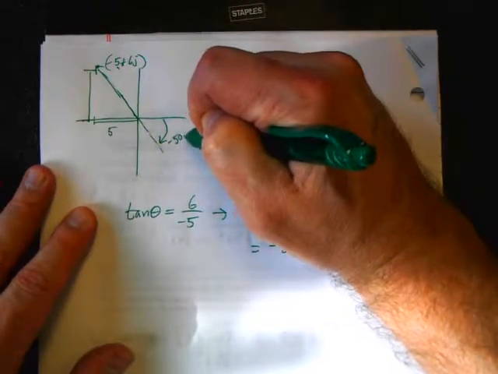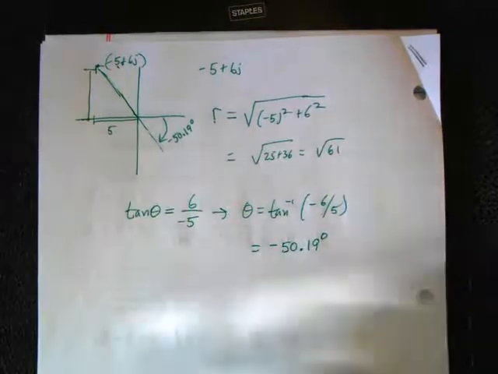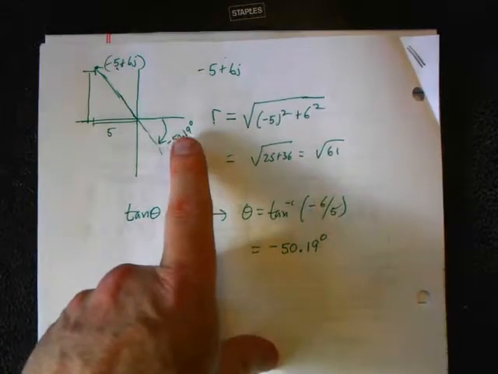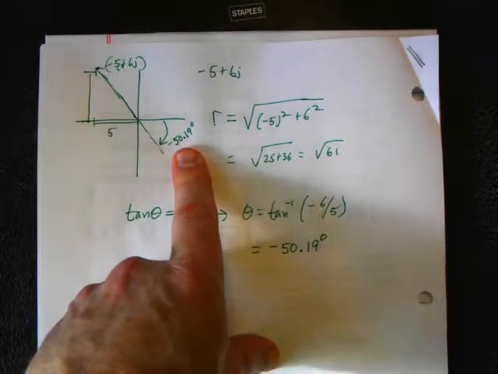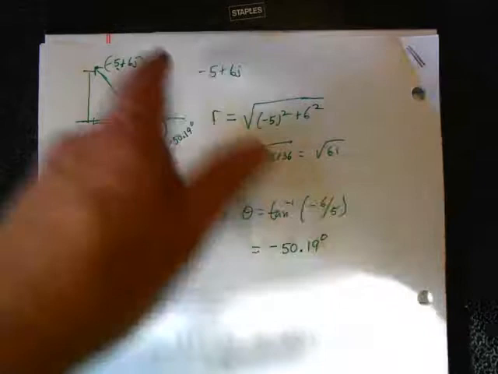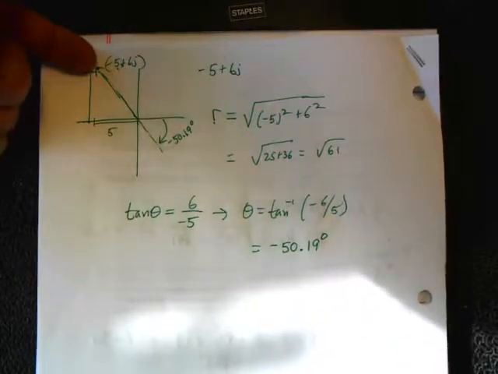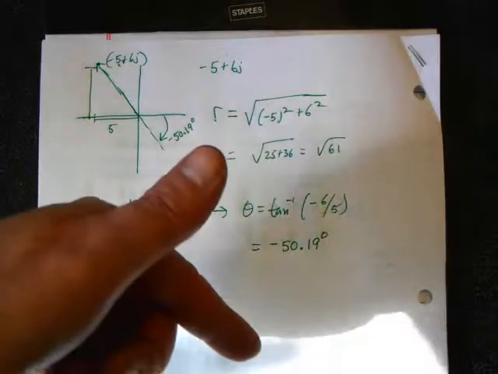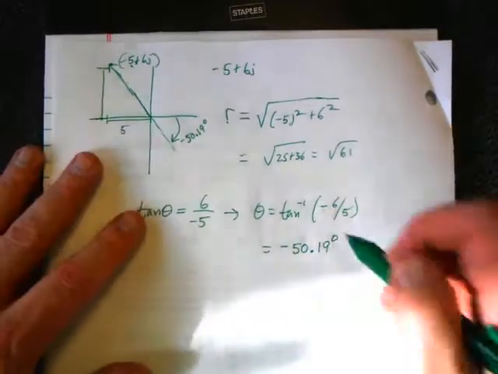When you use that tangent inverse button on your calculator, it's always going to give you either a negative answer in quadrant 4, or a positive answer in quadrant 1. If your original vector is in quadrant 2 or quadrant 3, you've got to fix the angle. How do we fix it? We subtract it from 180, or take the angle it gave us and add 180, same thing.